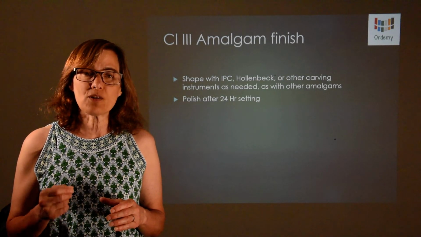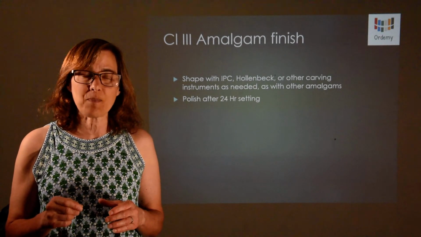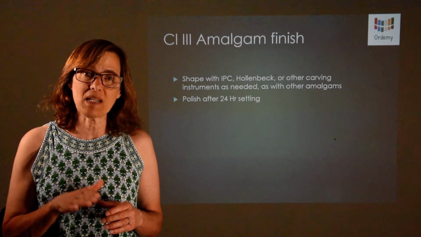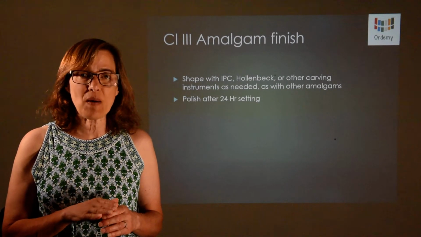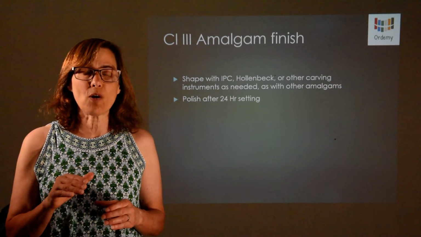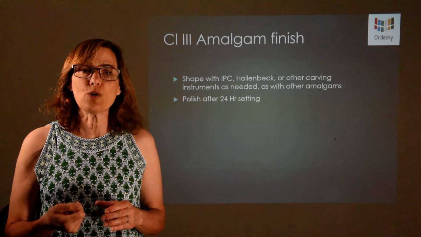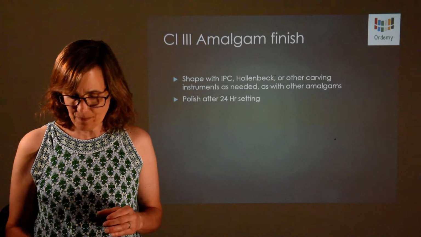But what you are trying to ensure is that there are no voids or air bubbles or gaps as the amalgam is being condensed. You will condense the preparation slightly past the margins because you want to be able to carve back the amalgam that you have placed.